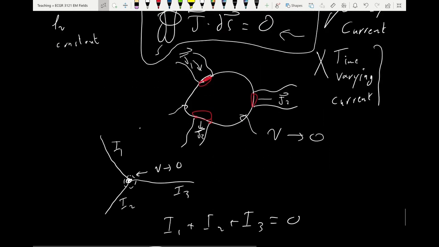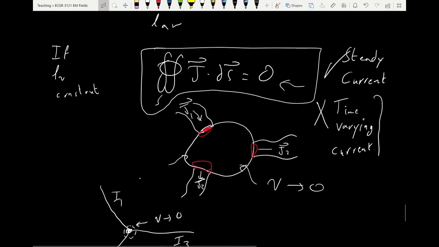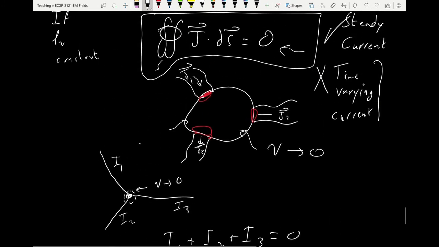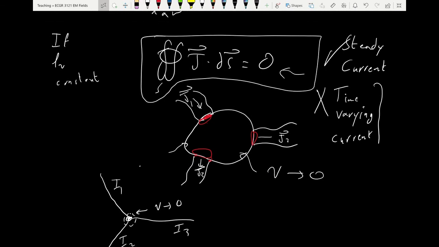If the current is not steady, meaning the current is time varying, then Kirchhoff's law in general for this big volume, with current flowing in and flowing out, is not true. Why? Because if we have time varying currents, it's possible for us to have some accumulation of charge inside the volume, and then later some depletion.